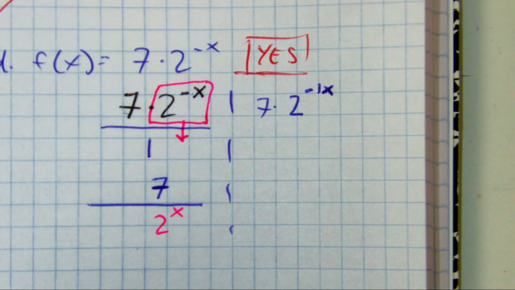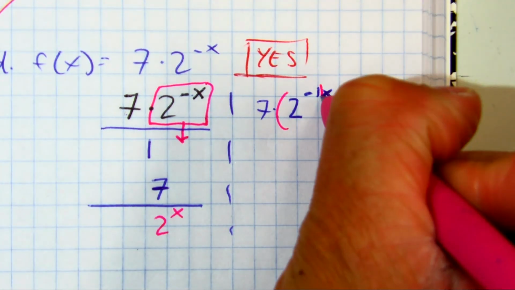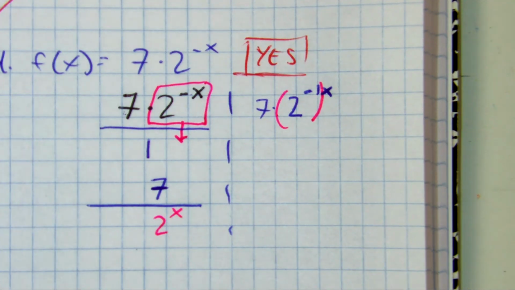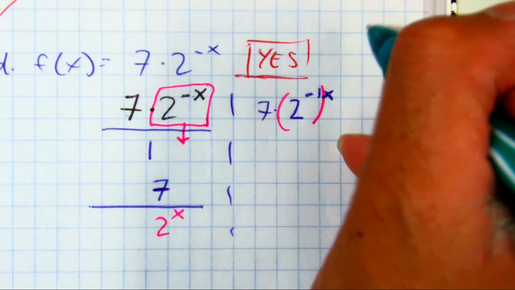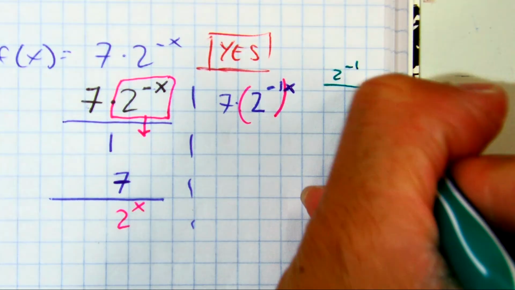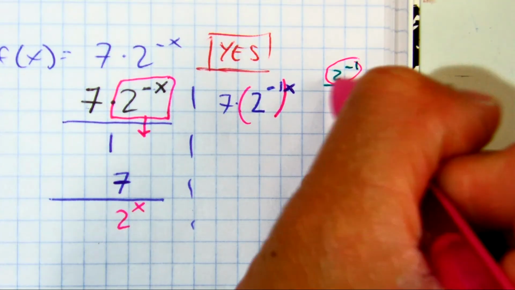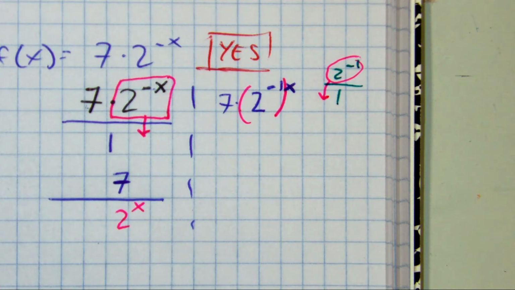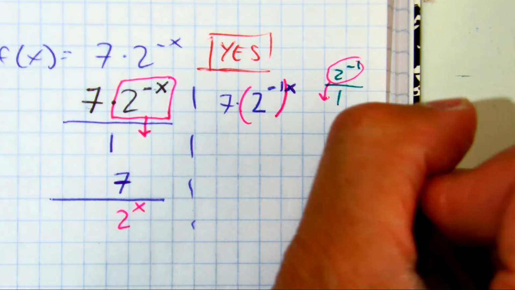And now if I draw my parentheses around this direction, two to the negative 1 power, let's do a side problem, 2 to the negative 1 power, I can put it over 1. I take off the tag. When there's nothing left in the numerator, the top of the fraction, there's still a 1.